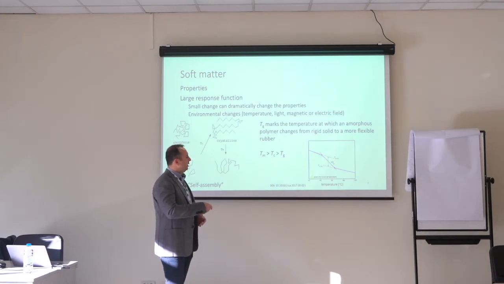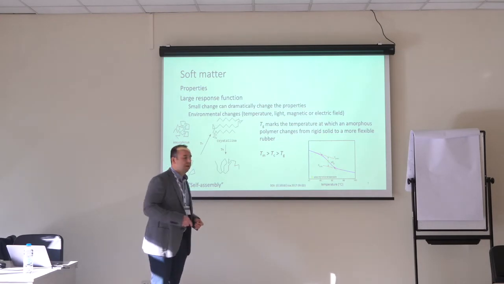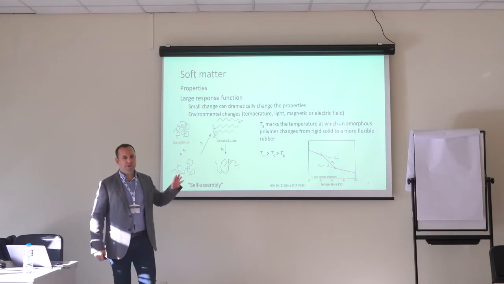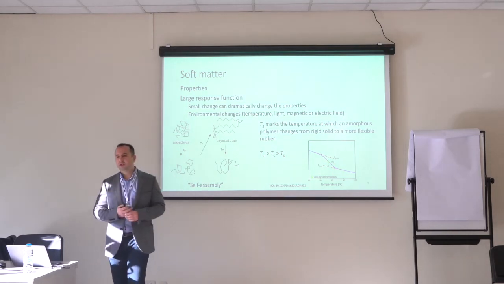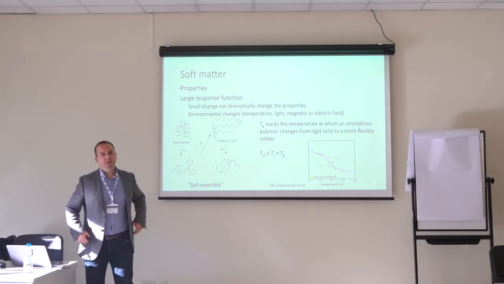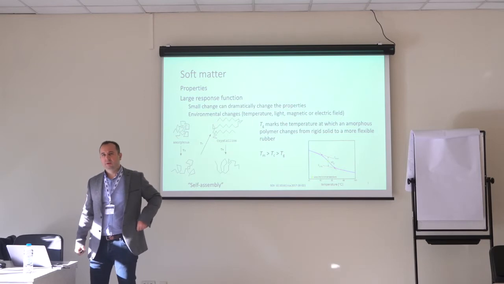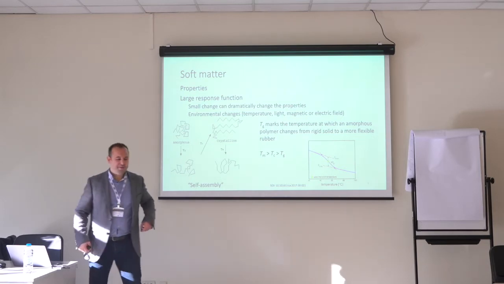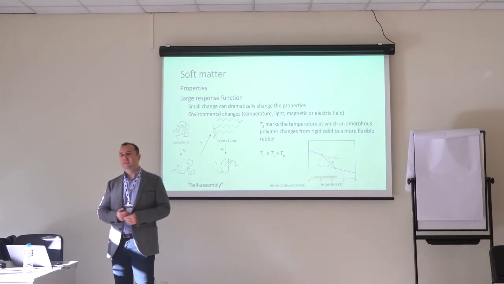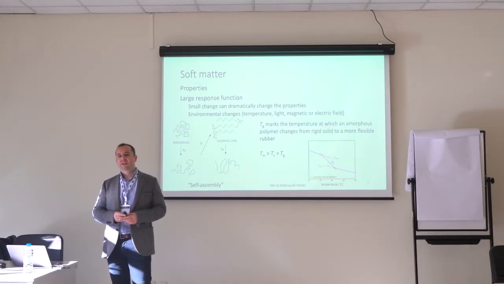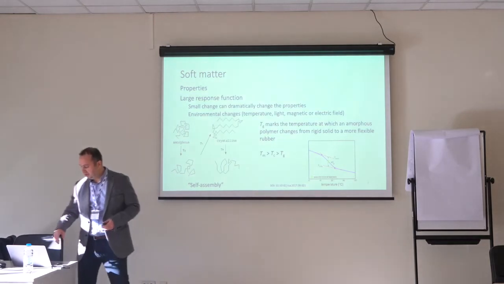So you have a transition zone around the glass transition temperature, and you can identify the glass transition temperature by different methods, but it corresponds roughly to somewhere in the middle. You can do this experimentally by TGA or whatever experimental method, and you can also mimic the same experiment with computer simulation.